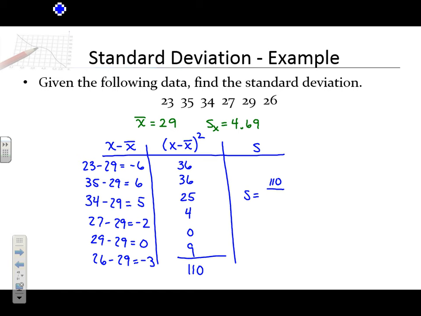The number of observations minus 1, those degrees of freedom. So how many observations do I have? 6 minus 1 would give me 5. Now, this alone gives me variance. So once I take the 110 divided by 5, what else do I need to do to it? Square root. Okay? So in your calculators, you take 110 divided by 5, and then take the square root of that value.